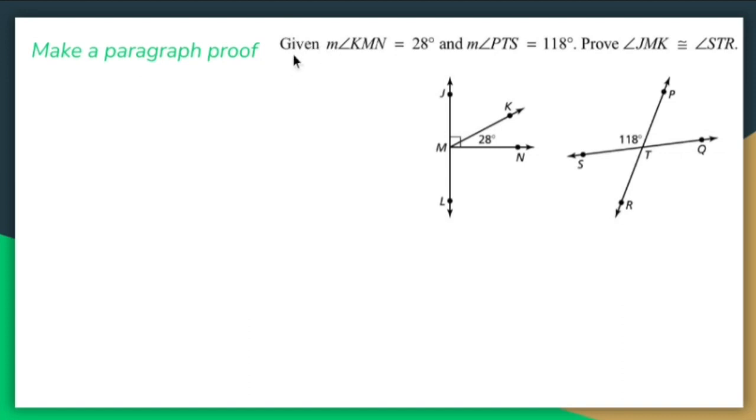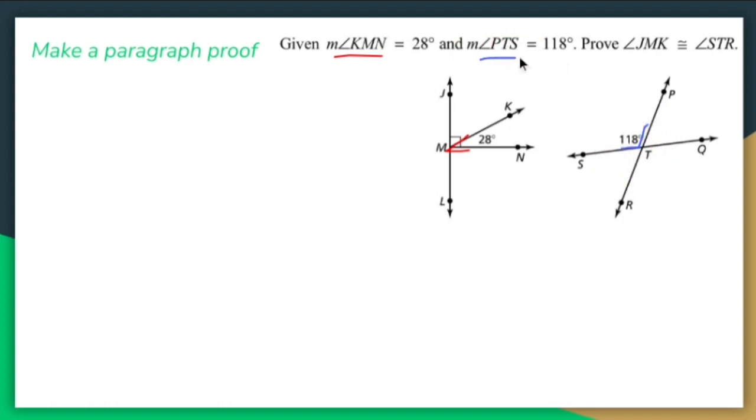All right, so what do we have? We have given KMN, so KMN is 28 degrees. I can handle that. We're also given the fact that PTS is 118.